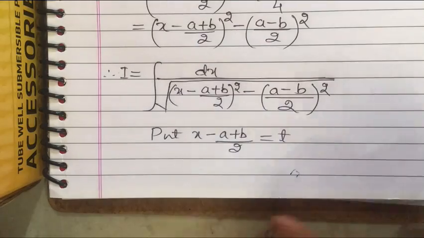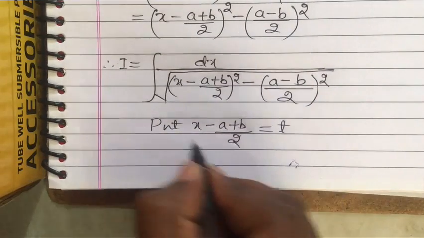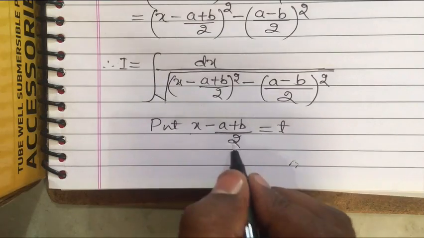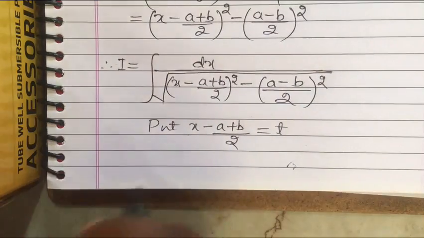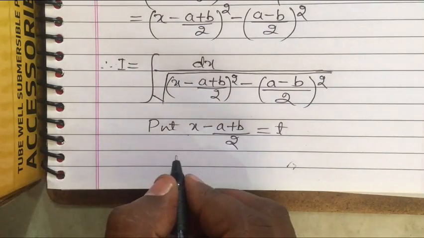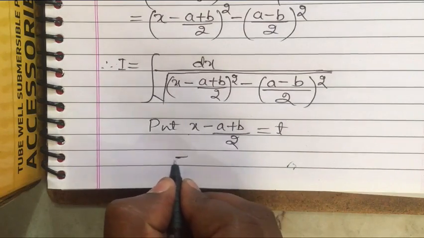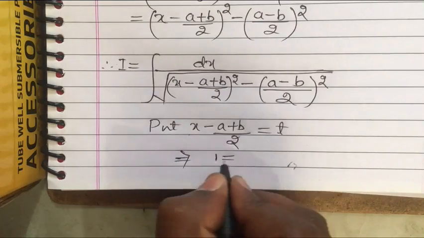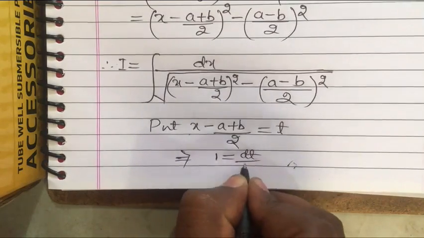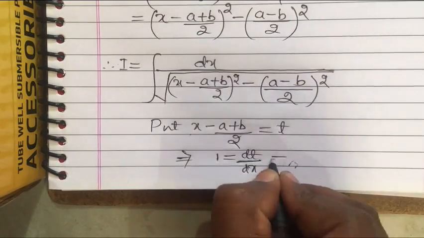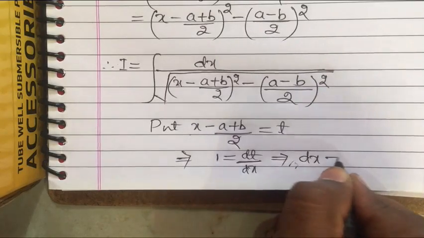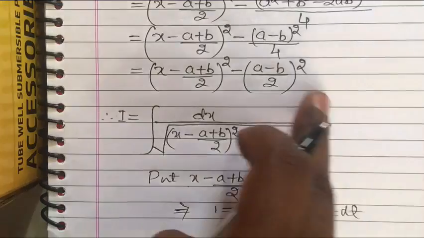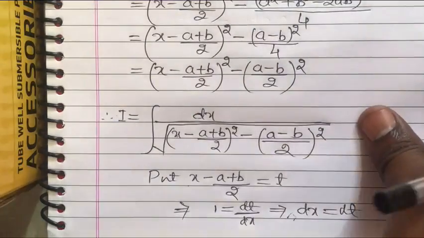Now differentiate both sides. The derivative of x will be 1 and the derivative of this constant is 0. 1 minus 0 is 1, which is equal to dt by dx. This implies dx is equal to dt. Dx equals dt.